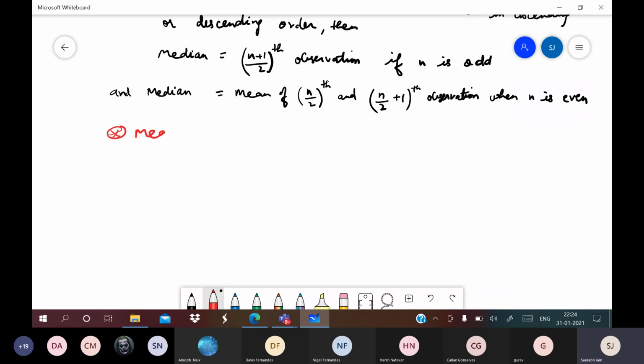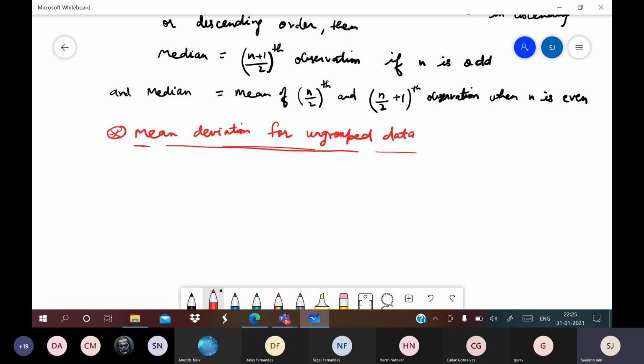Now this will be something new. And we are talking about mean deviation for this type of observations only, for ungrouped data. That means individual values will be given and you will be asked to find their mean deviation. Okay. So there is one formula.